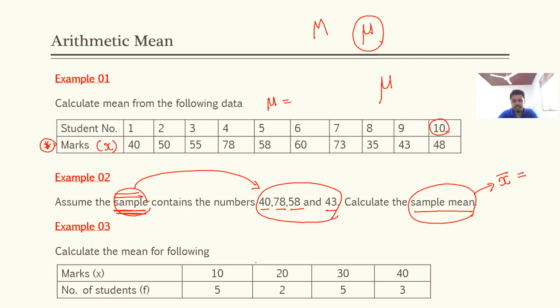Ramesh, what kind of a distribution is this in example number 3?